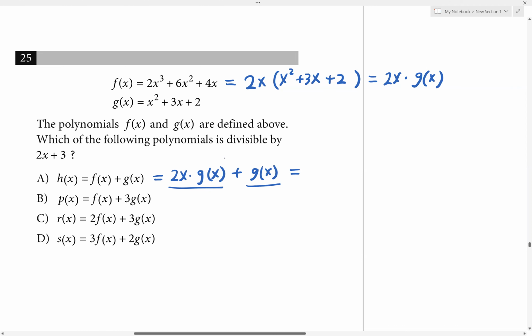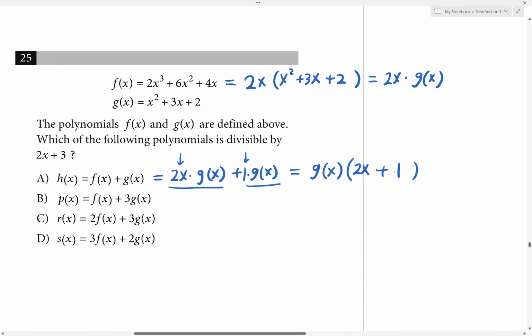So we can go ahead and take out a g of x function in front. And what do we have left? We're left with a 2x, and in the second term, we have nothing there, so we can put a 1 there. So in the parentheses, we have 2x plus 1.